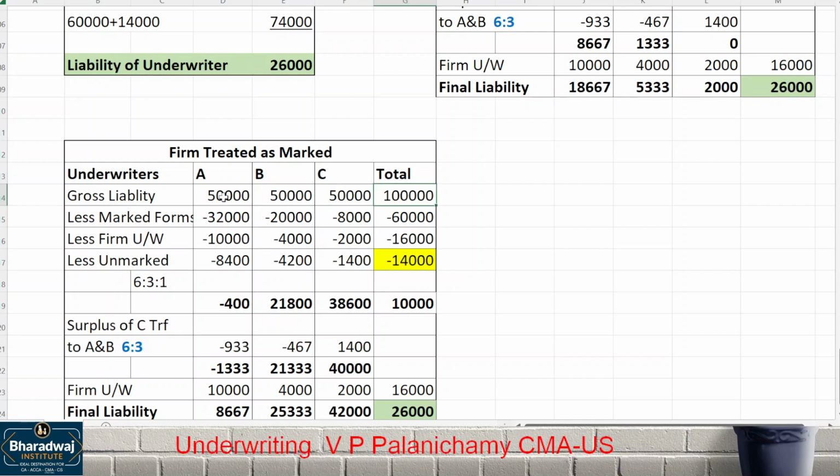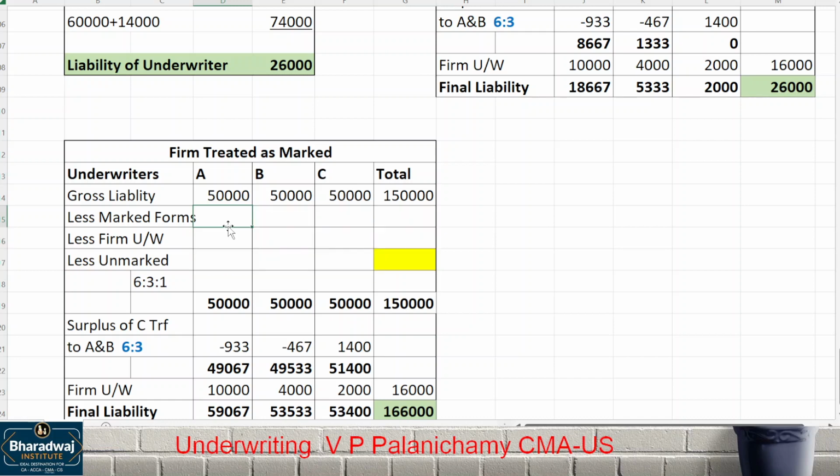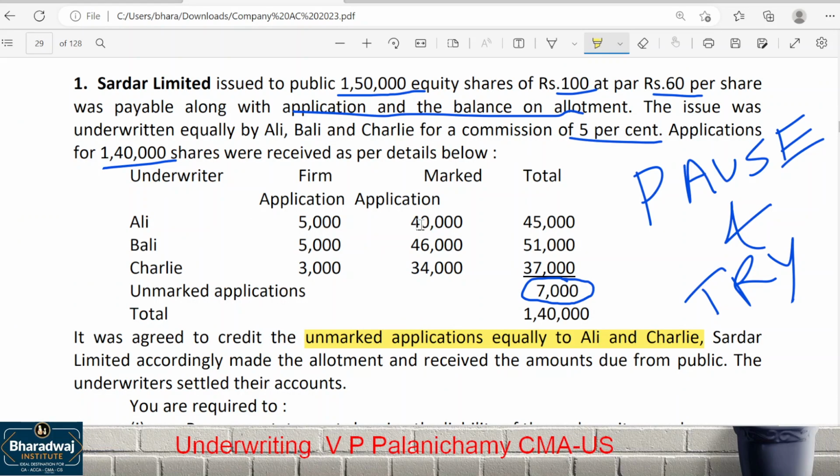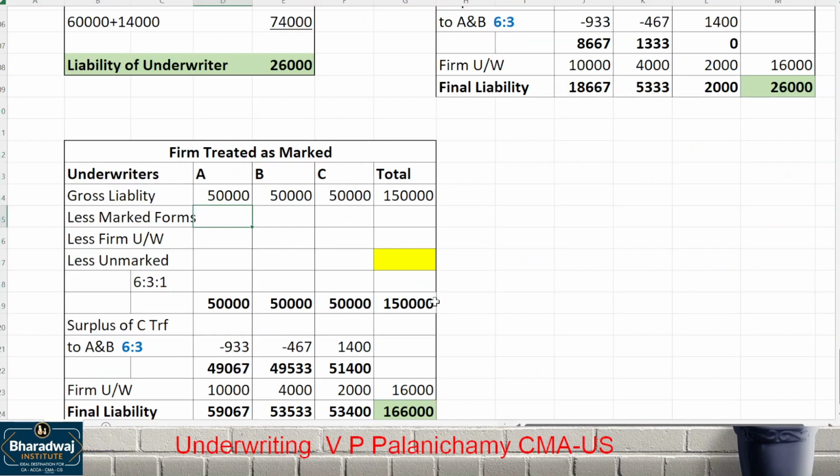Equal liability. Less marked forms 40,000, 46,000, 34,000.